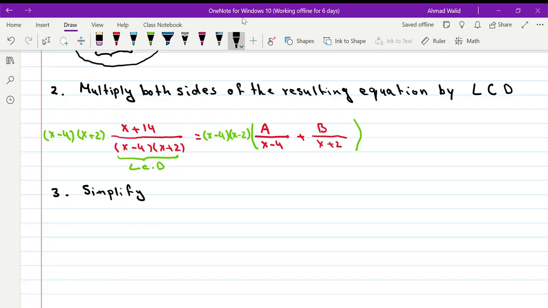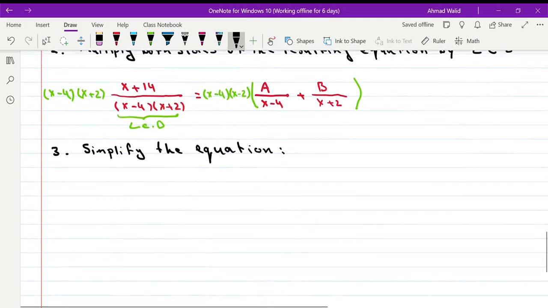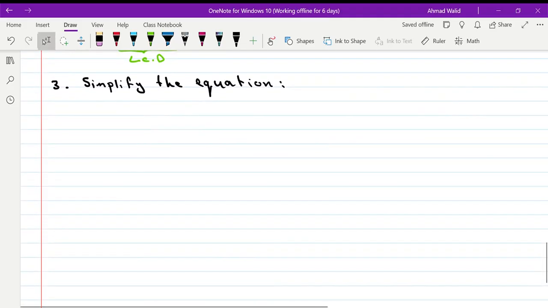In your book it says simplify the right side, but actually you are simplifying both sides. That's why I will write simplify the equation. I will show it here for you.